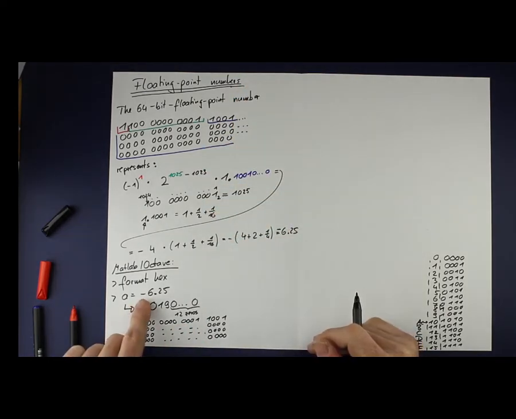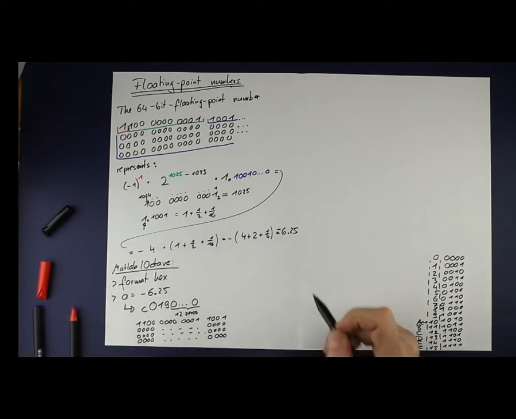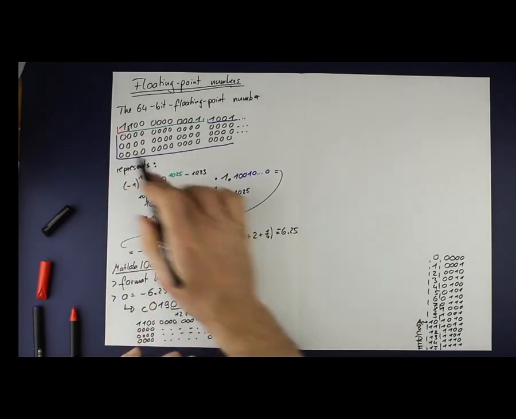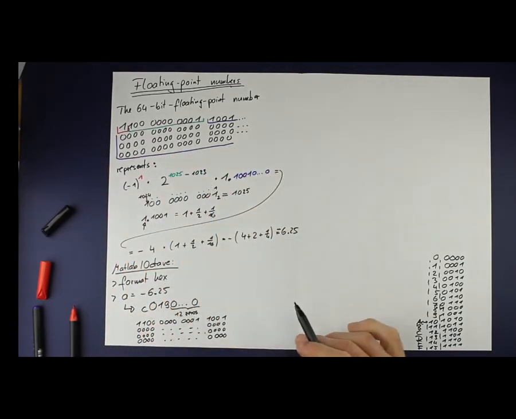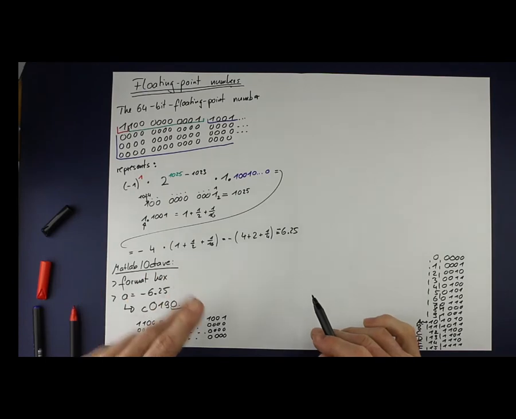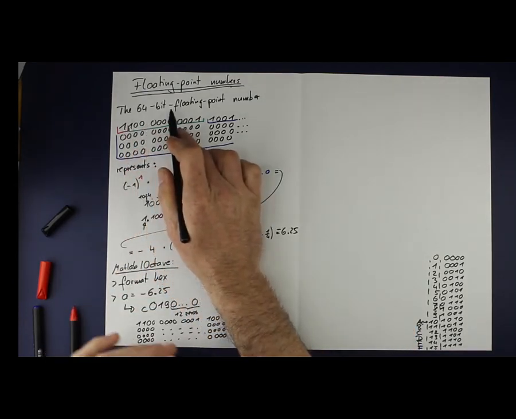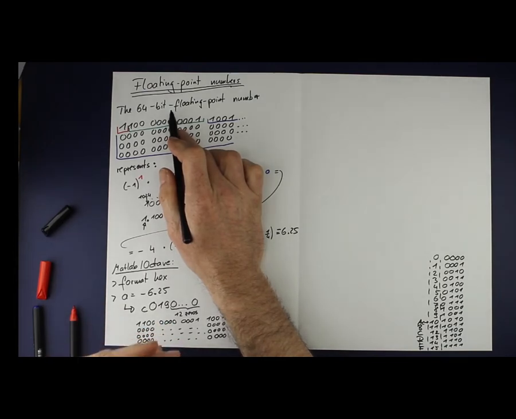So the number minus 6.25 is stored internally in this form, 64 bits, and these are the bits. So now we know how to interpret a 64-bit sequence as a floating point number.